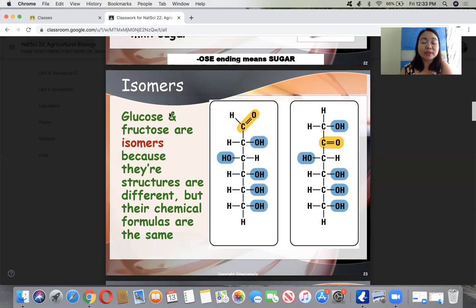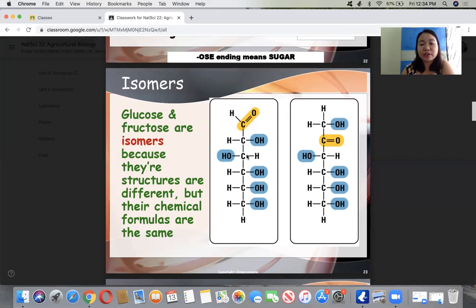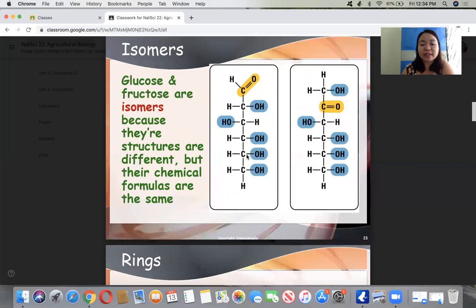So what are isomers? These are glucose and fructose, because their structures are different, but their chemical formulas are the same. So they're called isomers. Once again, with the same chemical formula but different structure, they are called isomers, like the glucose and the fructose.